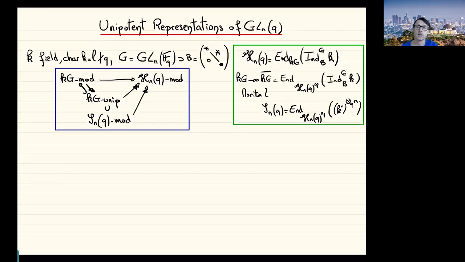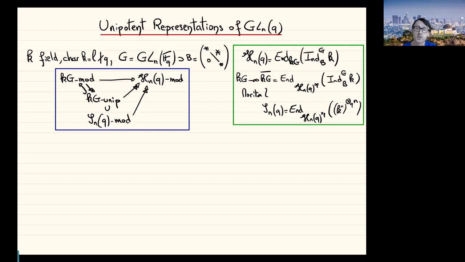So if you take the vector representation of GL_n(q) or GL_n, and you take a tensor power of it, its endomorphism ring for the action of the general linear group is going to be a quotient of the group algebra of the symmetric group, and there's a double centralizer theorem.